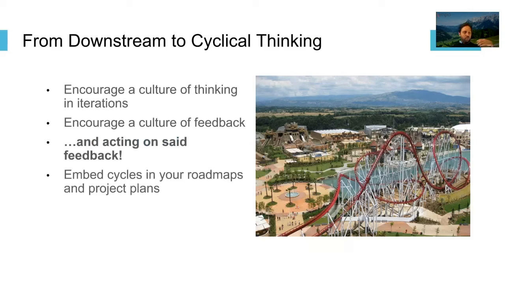We need to go from this downstream compulsion to proper cyclical thinking, encouraging a culture of thinking in iterations, encouraging a culture of feedback and of acting on this feedback. I can't tell you how often I've sat in retros and heard the same complaints about the same issues, sprint after sprint, and somehow change never occurred.